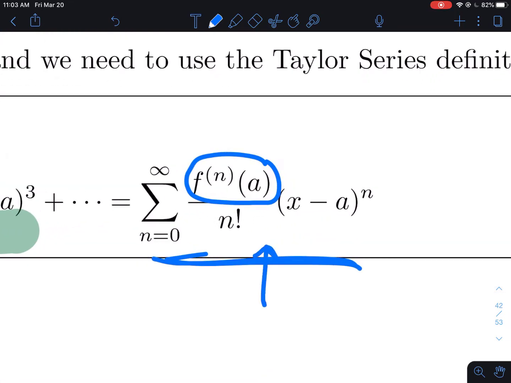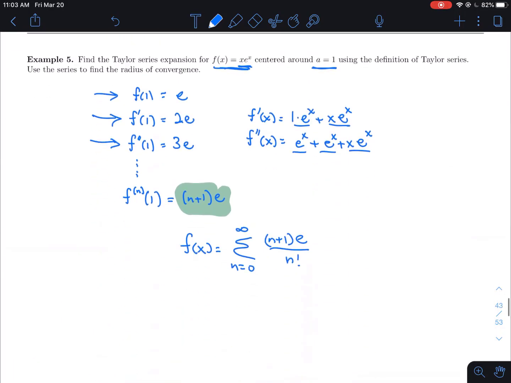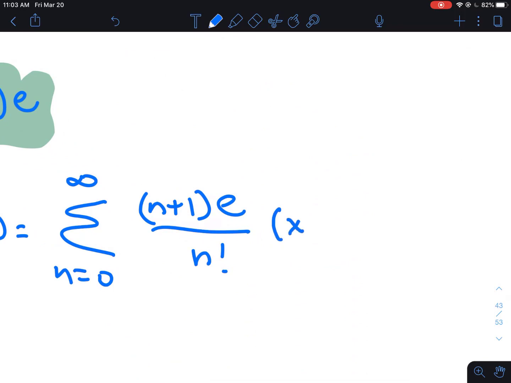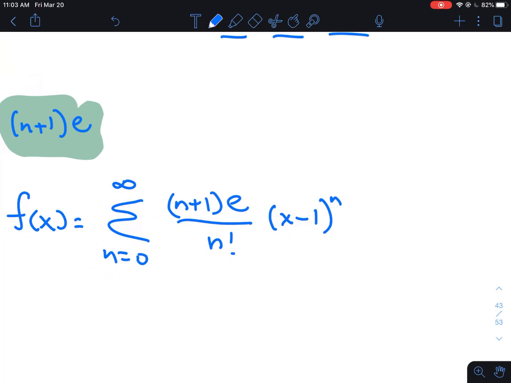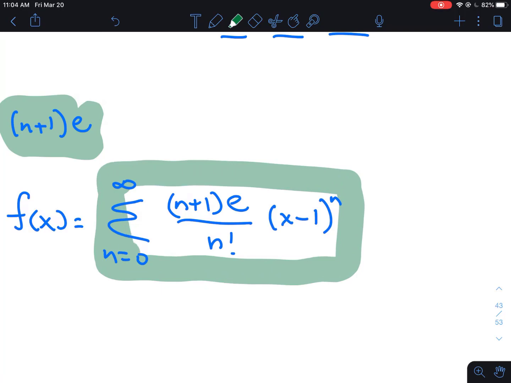So I've divided by n factorial, and then I need my x minus a raised to the nth power. So x minus a, again, remember my center was 1 in this case, raised to the nth power.